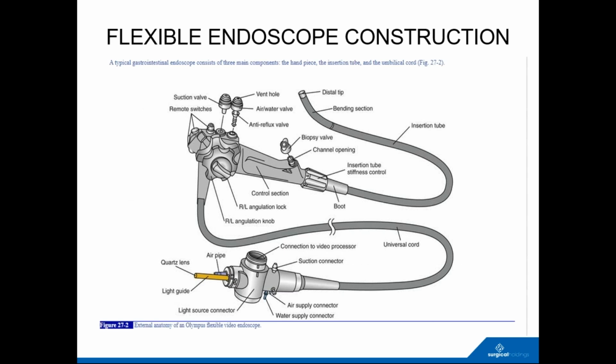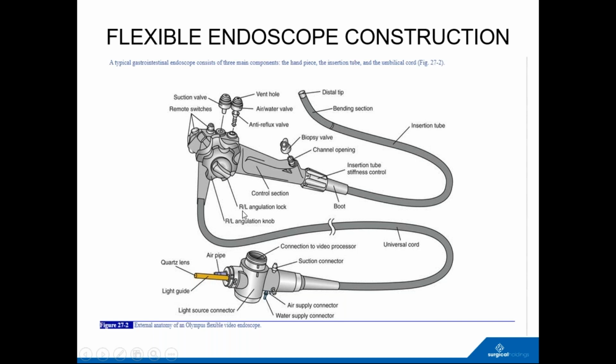To put that in context, let's look at a diagram. This is obviously the handpiece. This is the insertion tube that goes into the patient, and this is the universal or umbilical that goes into the light source or the video processor. The distal tip has a bending section, so this is the bending section rubber here that flexes, in this situation, 4 ways. You can see there are 4 angulation knobs here: up, down, right, left.